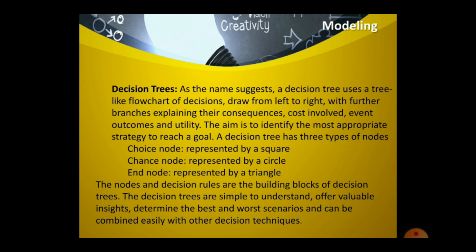The decision tree has some types of nodes: decision node represented by a square, chance node represented by a circle, end node represented by a triangle. The nodes and decision rules are the building blocks of a decision tree. Decision trees are simple to understand, offer valuable insight, determine the best and worst scenarios, and can be combined easily with other decision techniques.